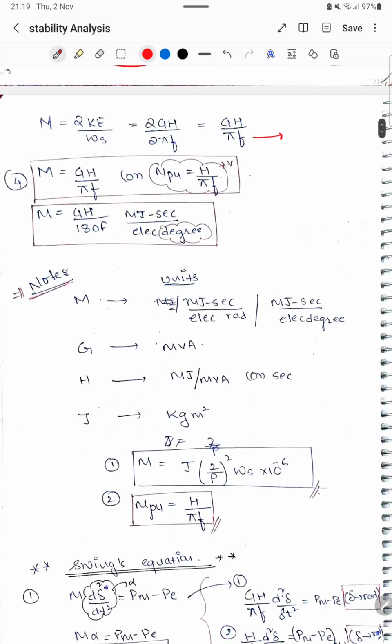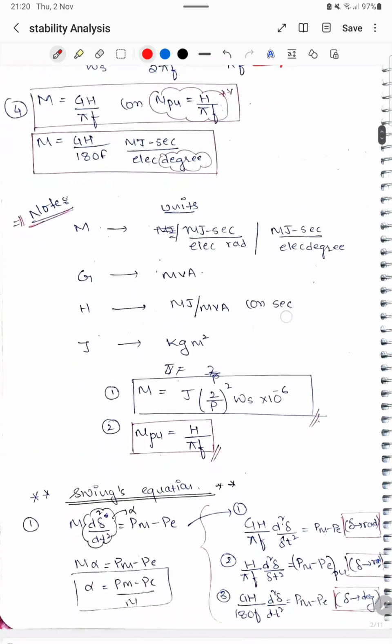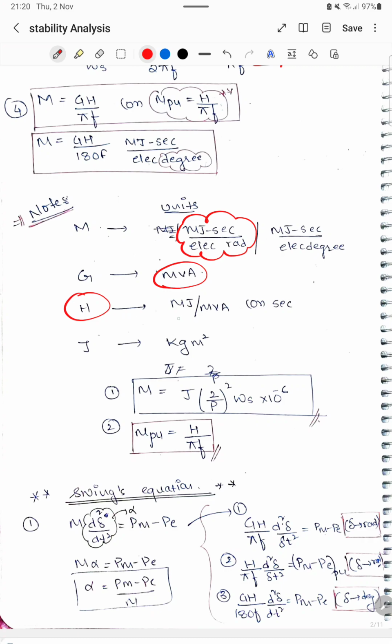So now let's see some of the units used. The units of M, as discussed, are megajoule seconds per electrical radian or megajoule seconds per electrical degree. G units are MVA, H units are megajoules per MVA or seconds. Units of J are kg meter square.